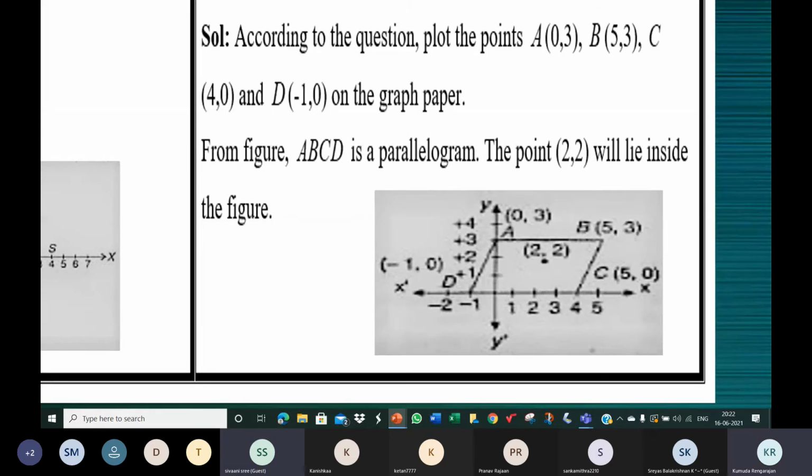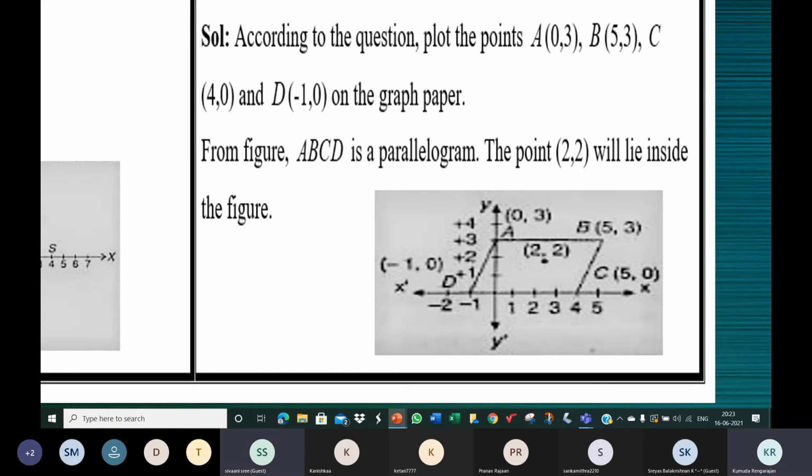Okay. ABCD is a quadrilateral, and ABCD is a parallelogram because AB is parallel to CD and AB is equal to CD.